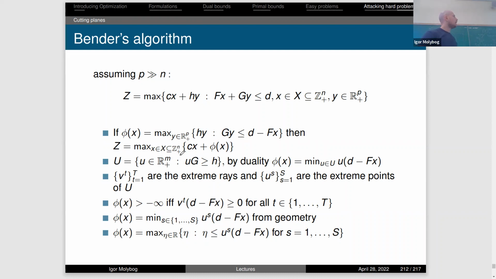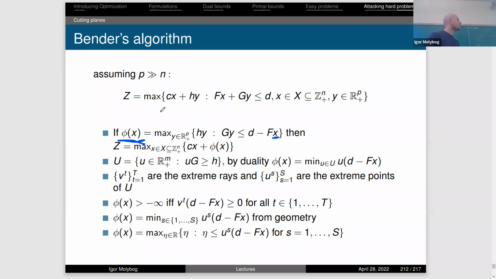Just to remind you, in the Benders algorithm, we have had a function phi of x for each binary or pseudo binary variable x. We can define phi of x such that it's a solution of a linear programming problem, given that we have fixed all of the values of the variables x to be a particular value, right?